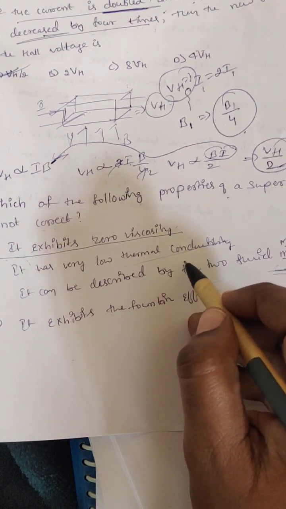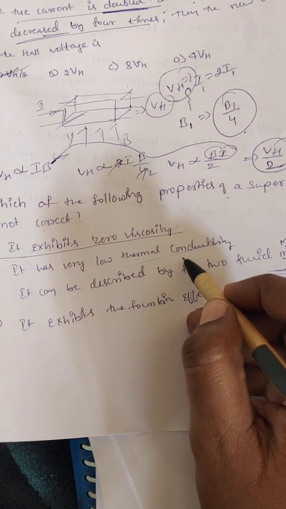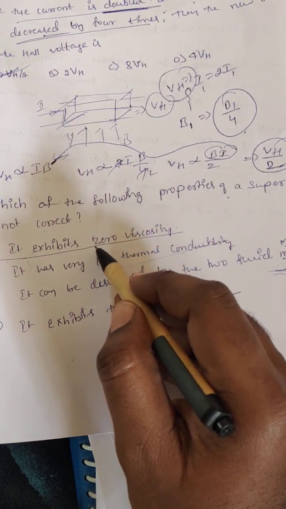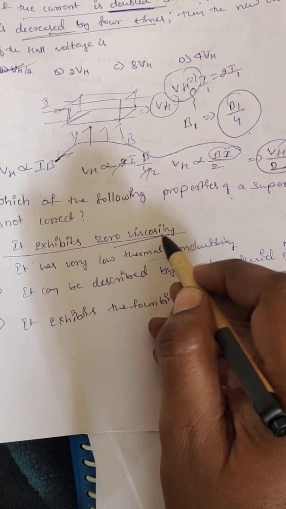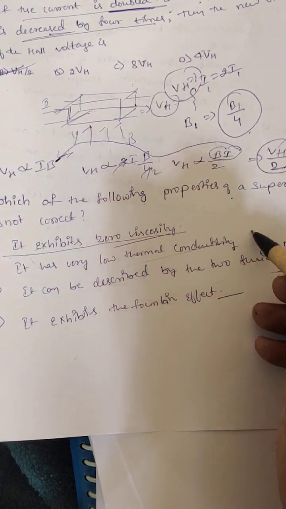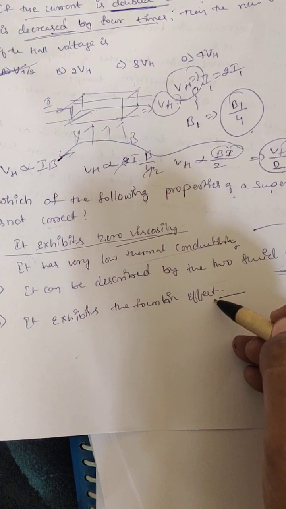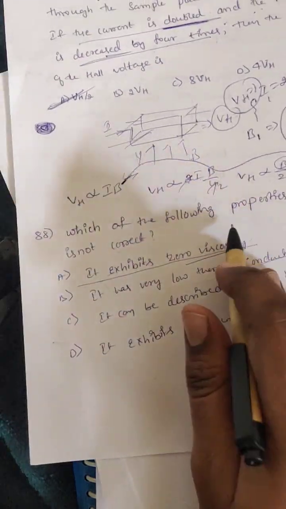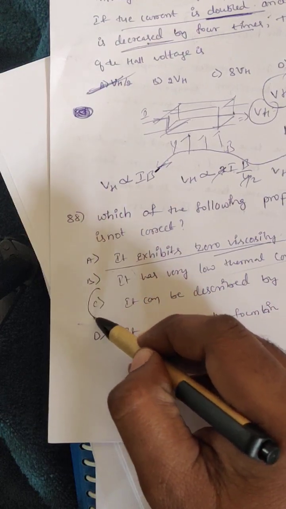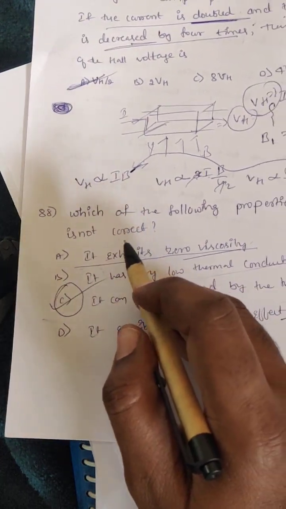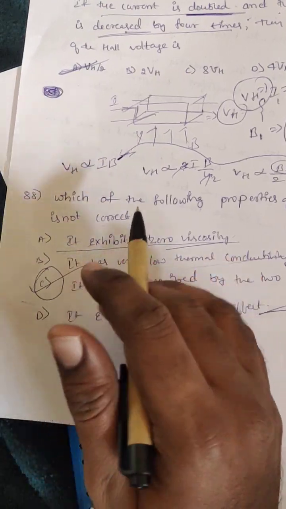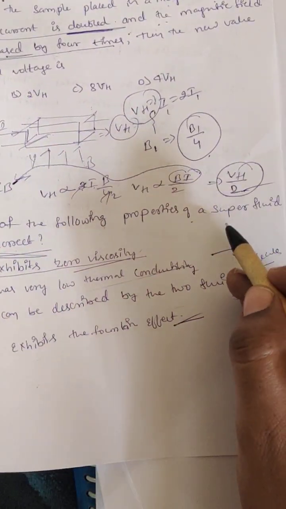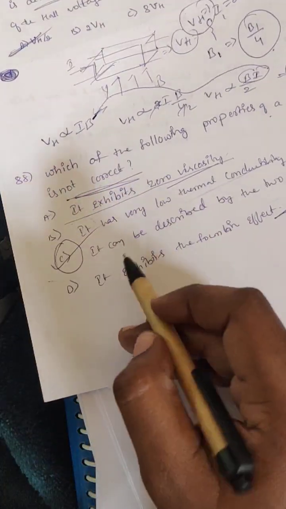Like a superconductor shows zero resistivity, superfluidity shows zero viscosity, and it has very low thermal conductivity, correct. It exhibits the fountain effect, correct. It can be described by two fluid molecules, no. So option C is correct, because they asked which property is not correct for superfluidity.